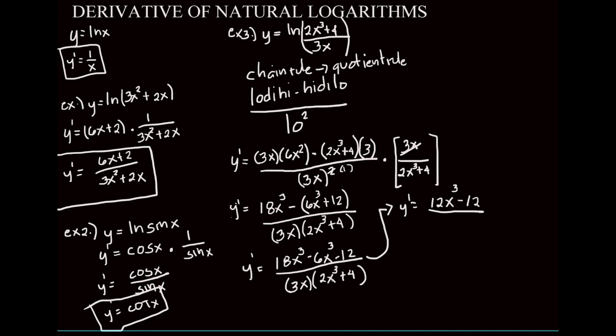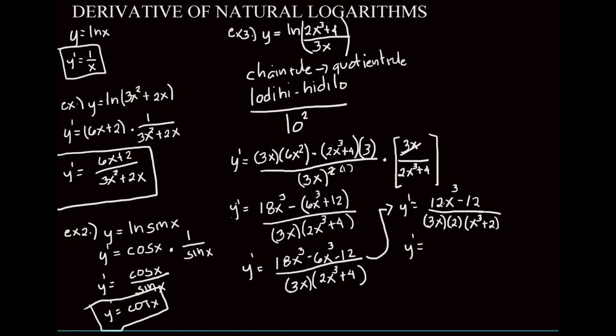I could factor out my 2. So that will now give me 3x multiplied to 2, multiplied to x cubed plus 2. But there's a specific reason why I wanted to factor out my 2, which you will see in just a moment.